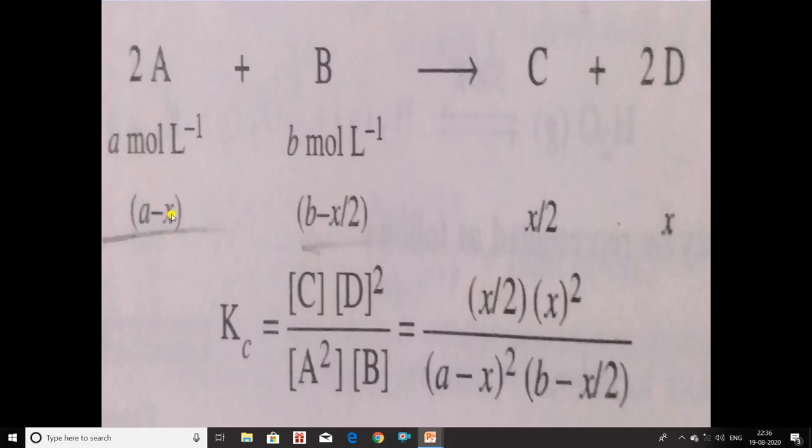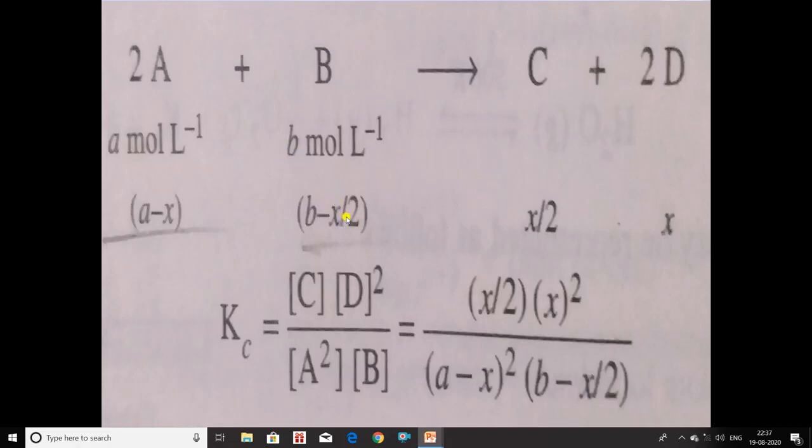I told you earlier that it depends on the number of moles. And here the number of moles of B is equal to 1, so you will subtract x by 2, b minus x by 2, because for 1 mole the concentration we have assumed is x by 2, so you will subtract x by 2 from the initial concentration.